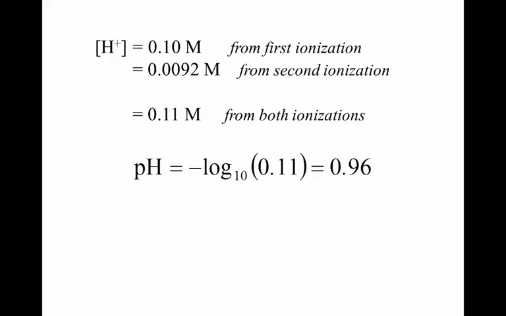If this was homework and you weren't looking for the sum of the 2 ionizations, if you were just looking for the hydrogen ion that comes about because of the second ionization, then 0.011 is different than 0.0092. If that was the question, then I think you'd have to use the simplifying assumption because they're 2 different numbers. Yeah. Okay.